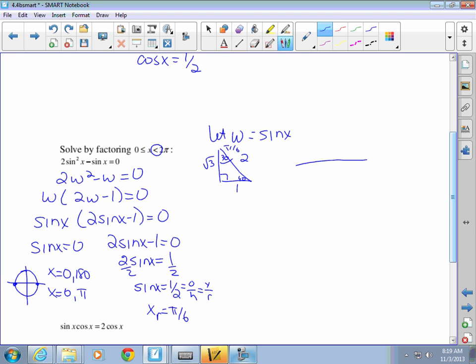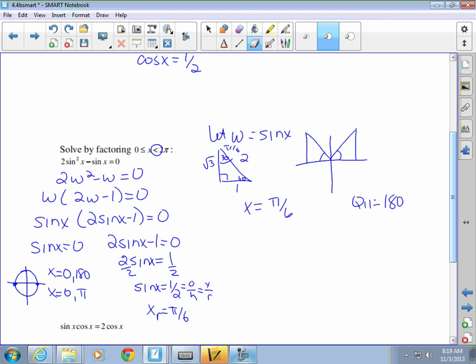So now I use the CAST. This is sine. Sine is positive in quadrant 1 and in quadrant 2. So in quadrant 1, my x is just going to equal pi over 6. In quadrant 2, so that's this one, my reference angle is pi over 6, so it's 180, or pi, I should write it as pi, minus pi over 6, so that's 5 pi over 6.